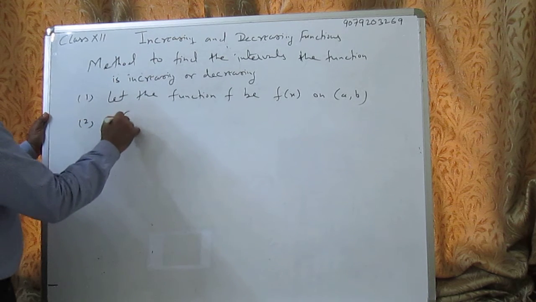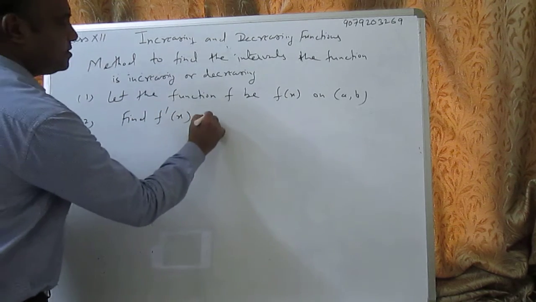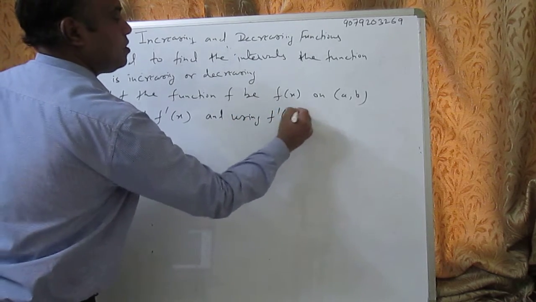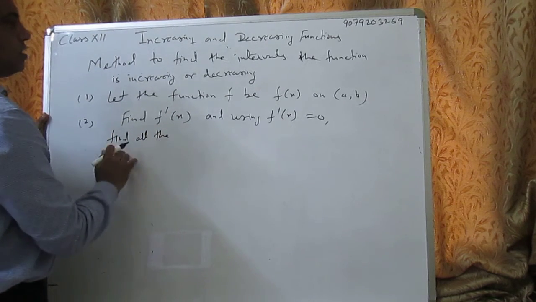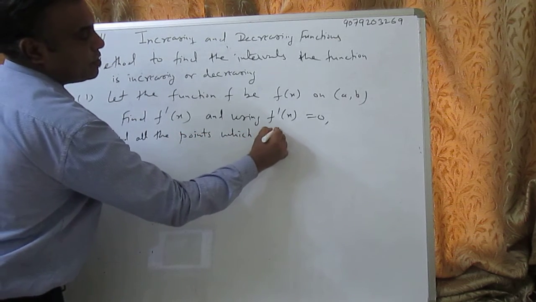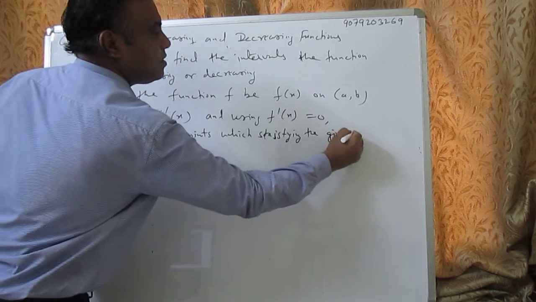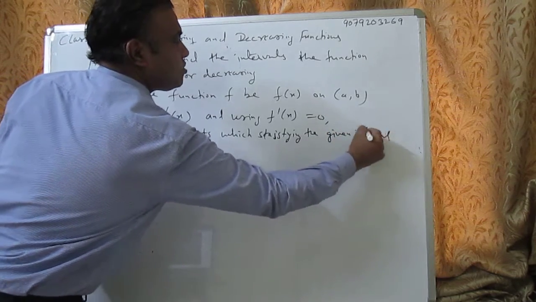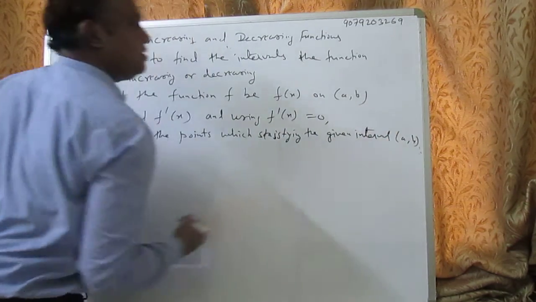Second step, find f dash x, and using f dash x equal to 0, find all the points satisfying the given interval, that is a to b.